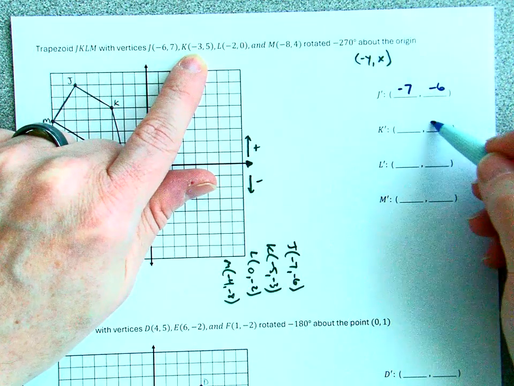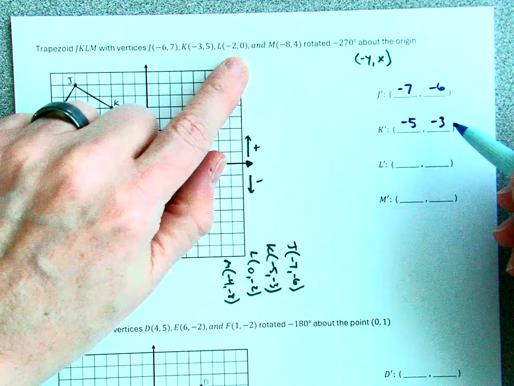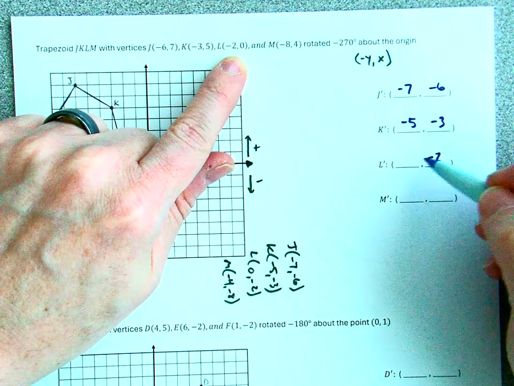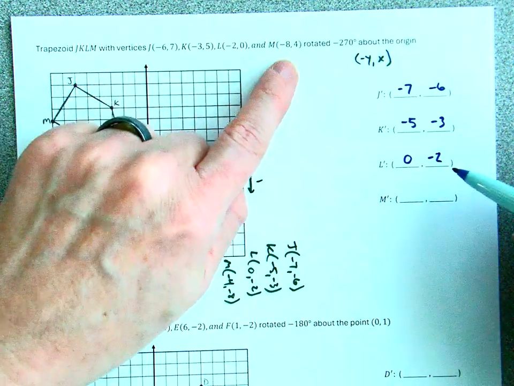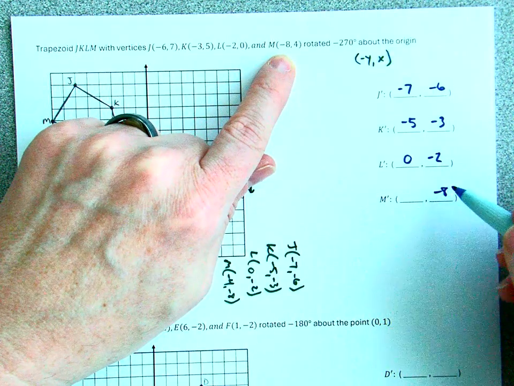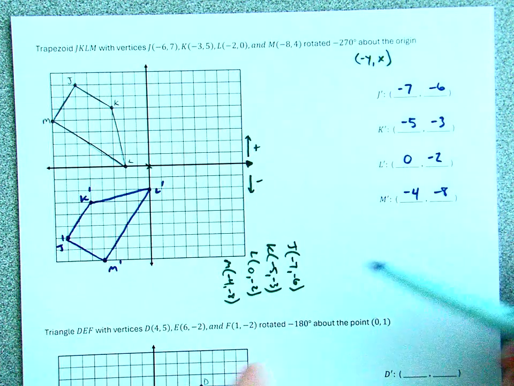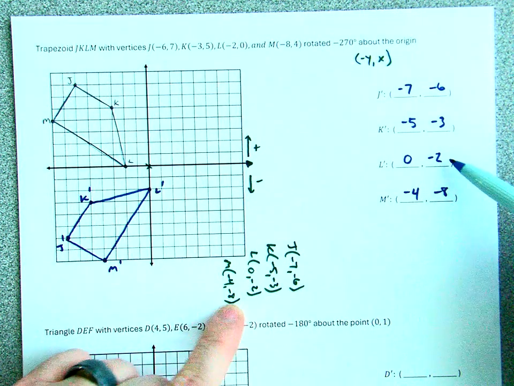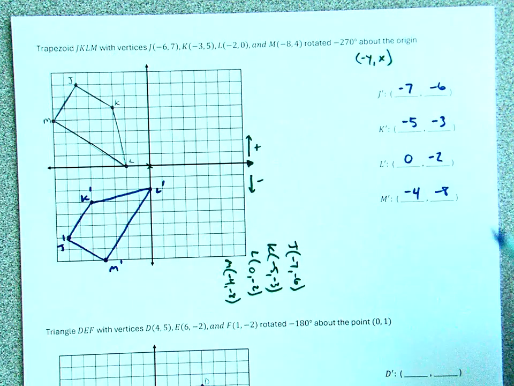So the X comes over here. The Y becomes a negative. The X comes over here. The Y, which is 0, becomes negative, which doesn't really make any sense because it's 0, so we'll just leave it. The X comes over here. The Y becomes negative. And then we can see, right? -7, -6, -5, 3, 0, 2. They all match up, right? We don't have to really envision where these points are.